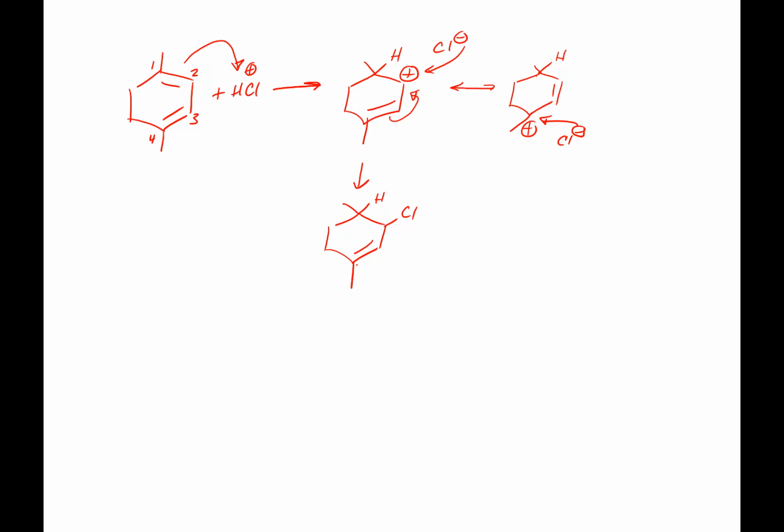So it's easier just to treat these 2 resonance structures as if they were each intermediates. And so there's my 2 products. This one is my 1,2 product, and this one is my 1,4 product.